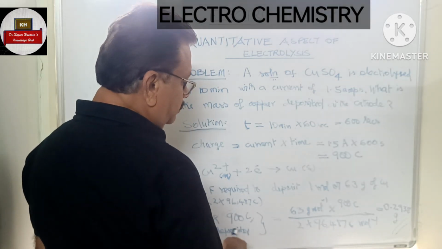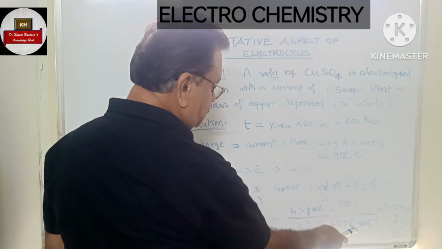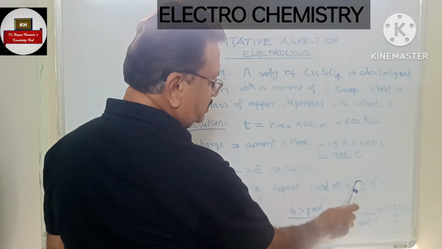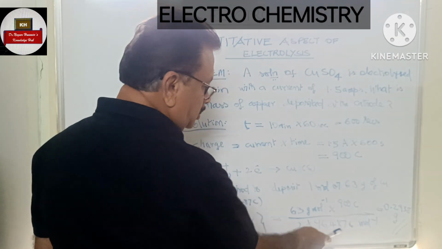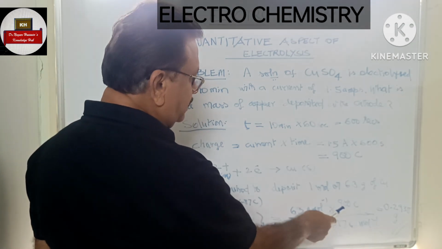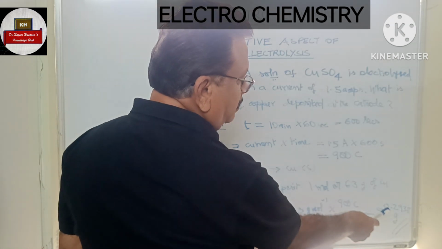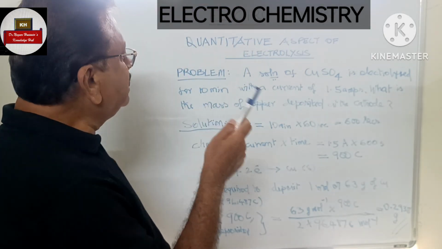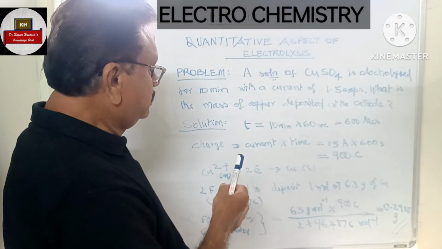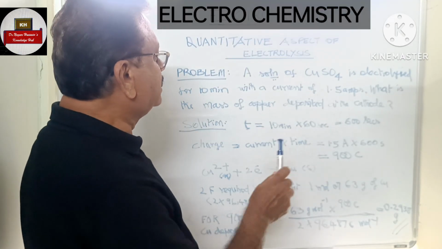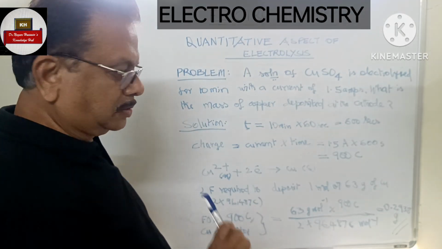So we calculate 63 divided by 2 faradays, multiplied by 900 C. This is the total charge for 1 mole of copper, but for 900 C we get 0.2938 gram. So if you run the solution for 10 minutes, we get only 0.2938 gram deposited at the cathode. Hope you understood.